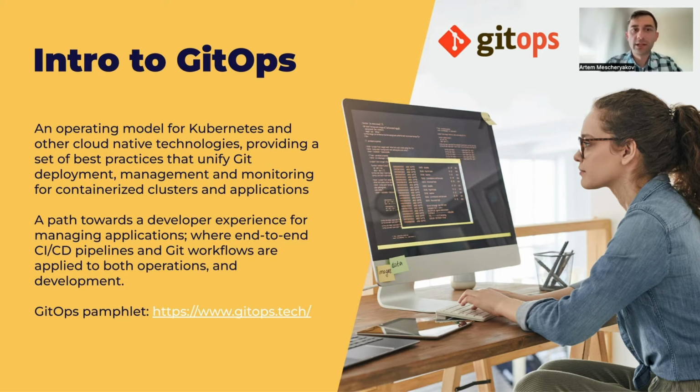If we can summarize GitOps, we can say that first of all, it's an operating model that provides best practices to put infrastructure as code on a Git repository, manage it, monitor it, and mostly it is used in case of containerized clusters and applications. When we talk about GitOps, 99% of the time we are going to see containers getting managed by a Git repository.